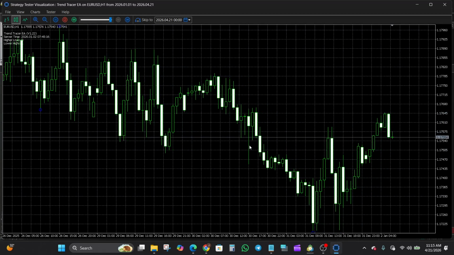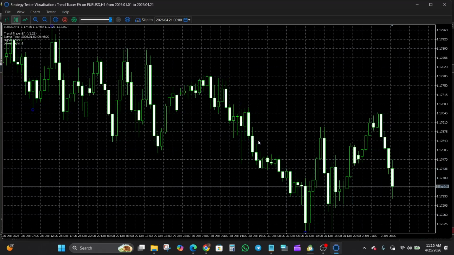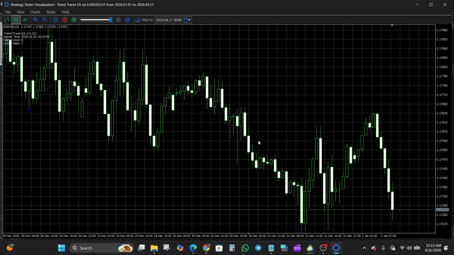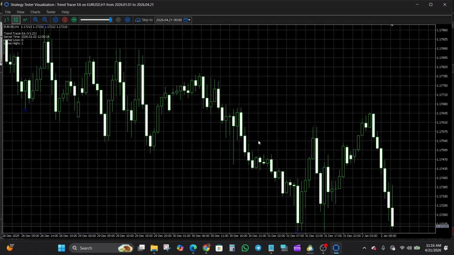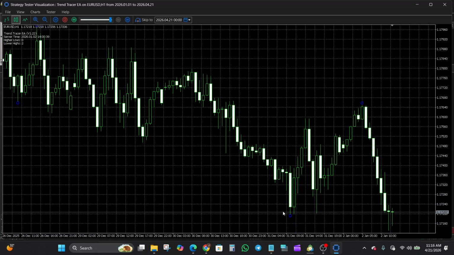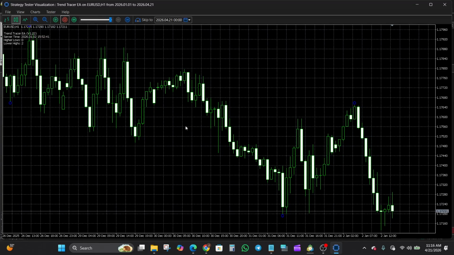So what we're going to be seeing is the EA identifying swing points. The EA is actually marking out swing points already. You can see we have a swing low here, a swing high here, right? The EA is marking out highs and lows in real time.